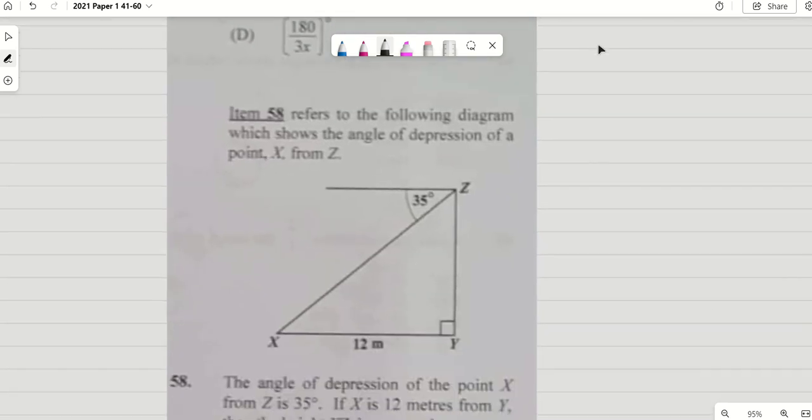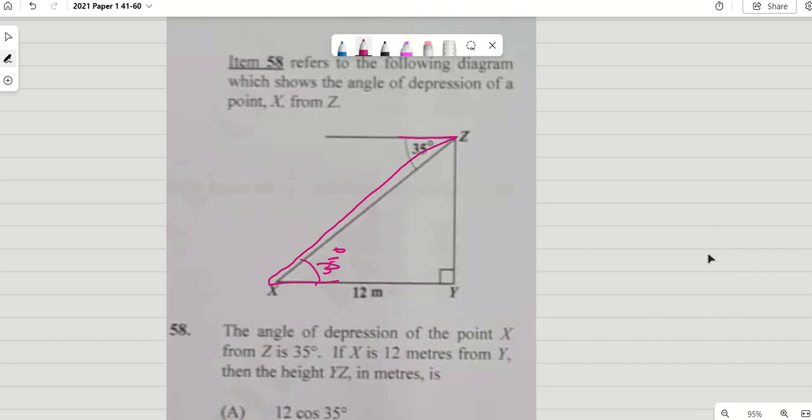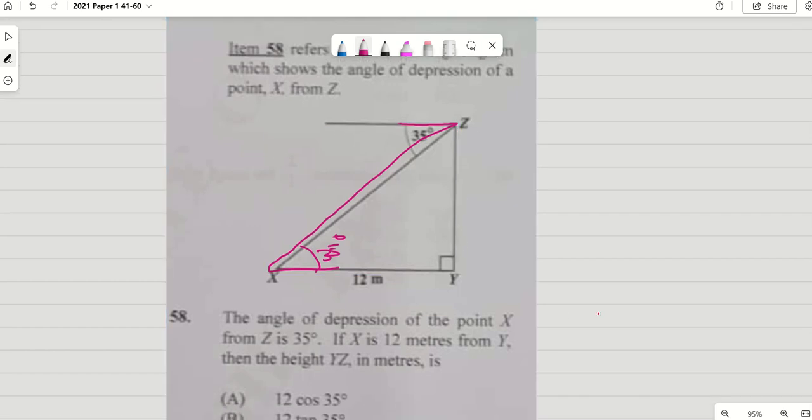Number 58. Again, we see a Z angle if you are looking carefully, right? So you know that the interiors are equal, so this is also 35 degrees. The angle of depression of point X from Z is 35. If X is 12 from Y, then the height of ZY is, so we talked about this already, but ZY in this case is the opposite, and 12 is the adjacent.